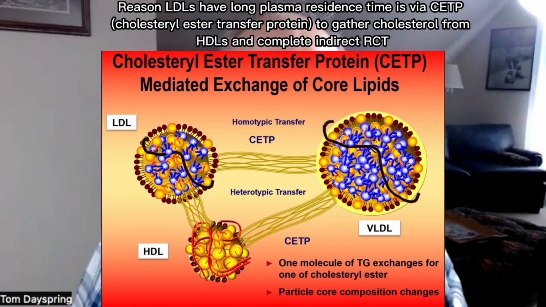So when a HDL full of cholesterol bumps into an ApoB containing particle, which always has more triglycerides than an HDL, which has basically none, there is an exchange of core lipids. Our body actually makes a lipid transfer protein, cholesterol ester triglyceride transfer protein.